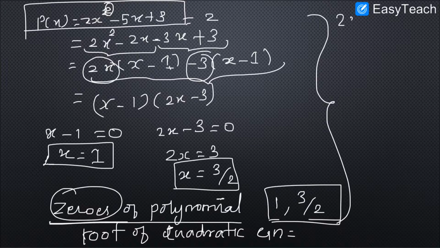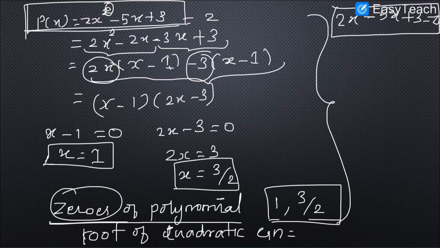How to change? You just simply equate it to zero: 2x square minus 5x plus 3 equals 0. This is the quadratic equation. This is the quadratic polynomial. The only difference is here we mention p of x, and here we equate the expression to 0.